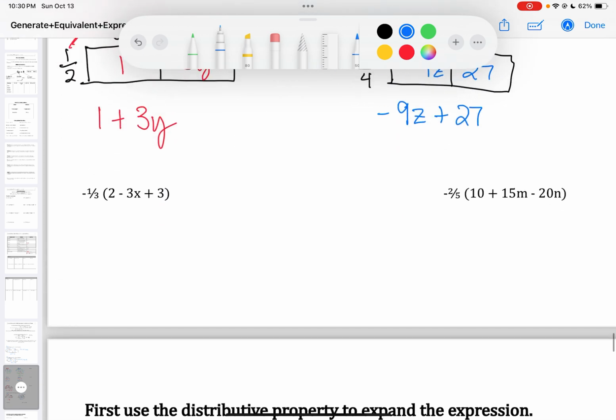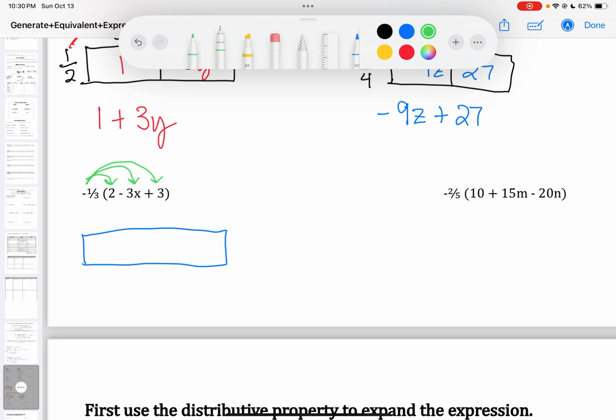Okay, so same thing here. I'm going to make an area model just for those of you that like it. Of course, if you are able to just visually see that each term is being multiplied by the outside number, then you can just do that as is.